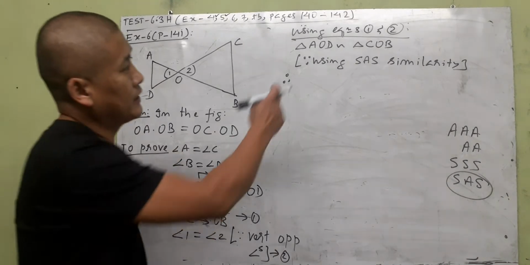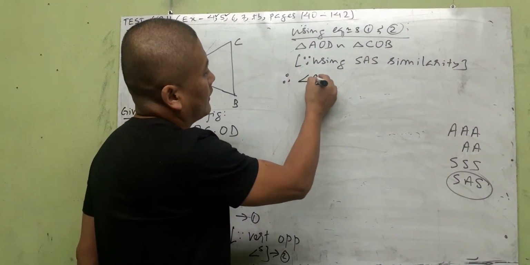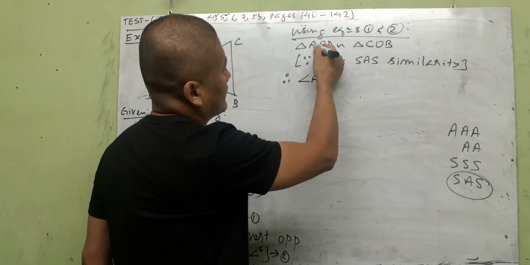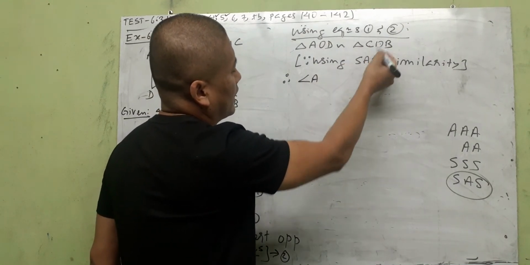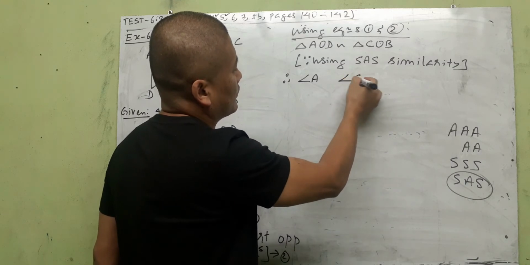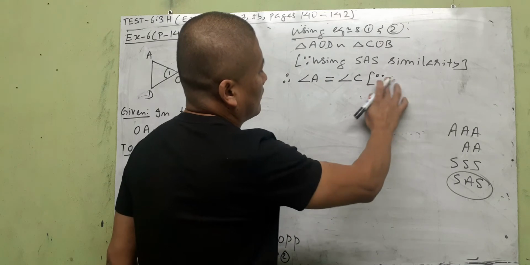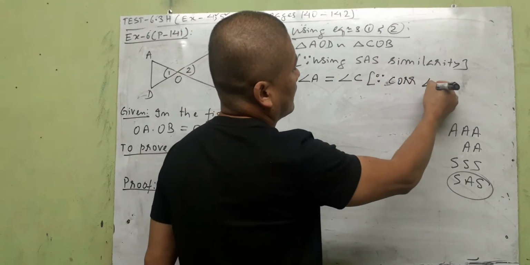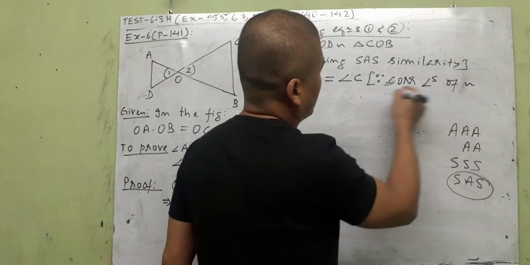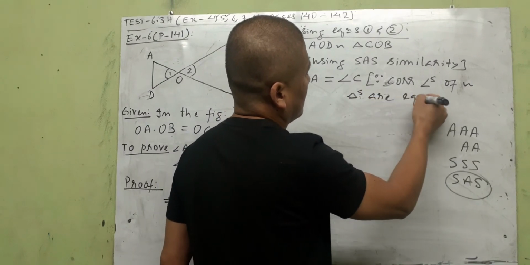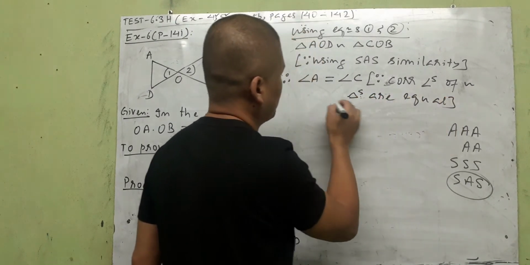So A is the first letter, so you write there angle A. Then the first letter is called corresponding angle. First letter A and O are not corresponding, so these two are equal, because corresponding angles of similar triangles are equal. So that is proved now.